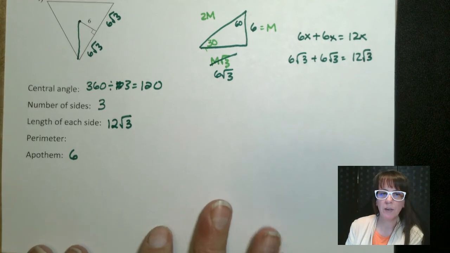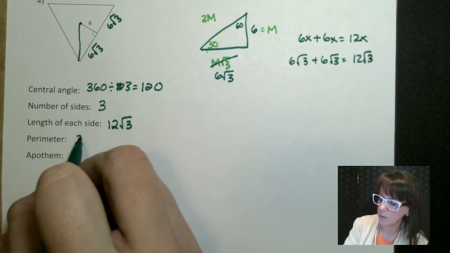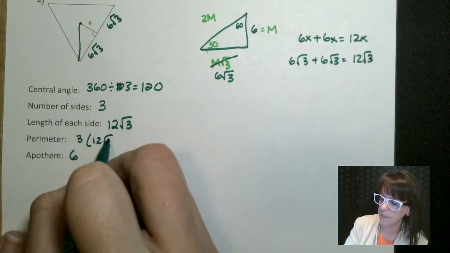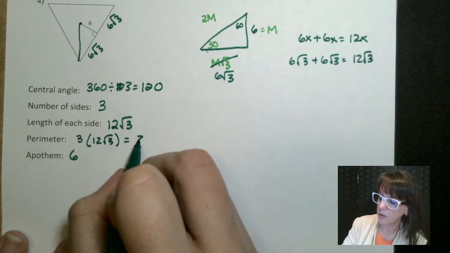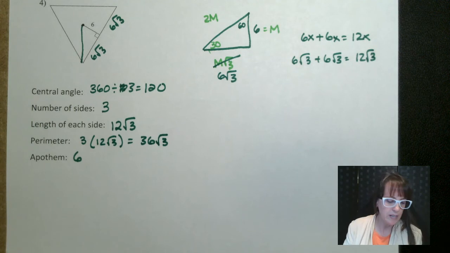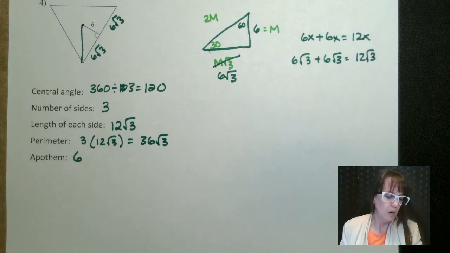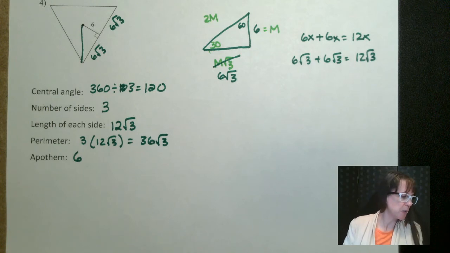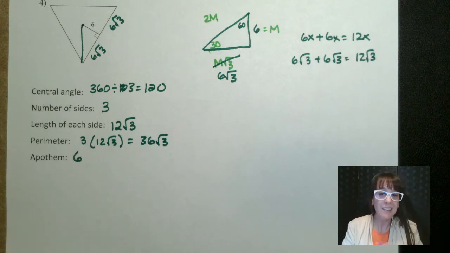Okay, so now that we have this, we have our perimeter. 3 times 12√3 gives us 36√3. All right, now we've got all this information. We are ready to use our formula. Words are hard. Let me find the absolute perfect color for this. Pink. Let's do it.